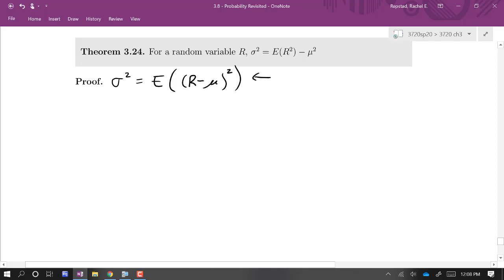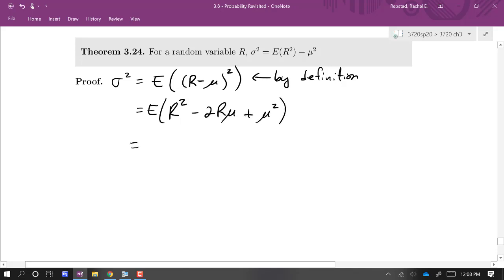This is by definition. I'm going to do some algebra. Let's FOIL out the (R minus mu) squared. This is the expected value of R squared minus 2 R mu plus mu squared.